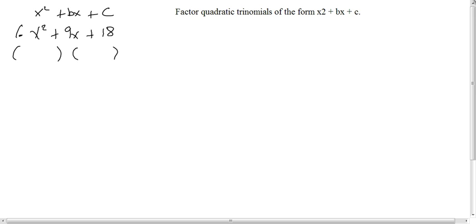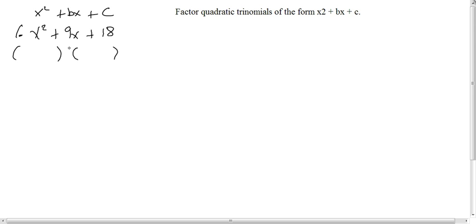When I look at my b term, I'll notice that this is positive and my c term is also positive. If I'm seeing that as anyone working this problem, I can determine that when c is positive, its factors have the same sign. So they're going to be either both negative or both positive.